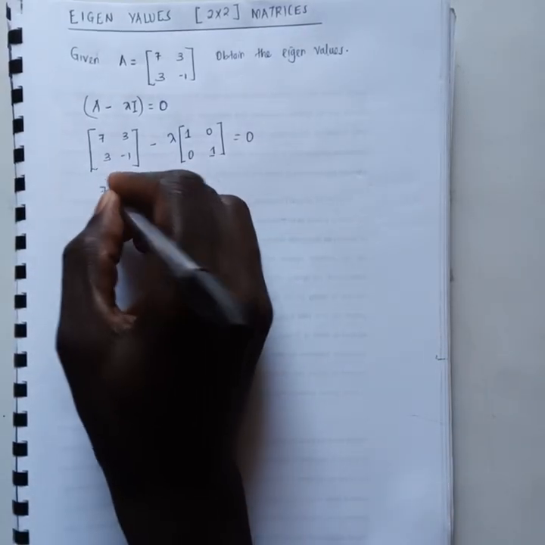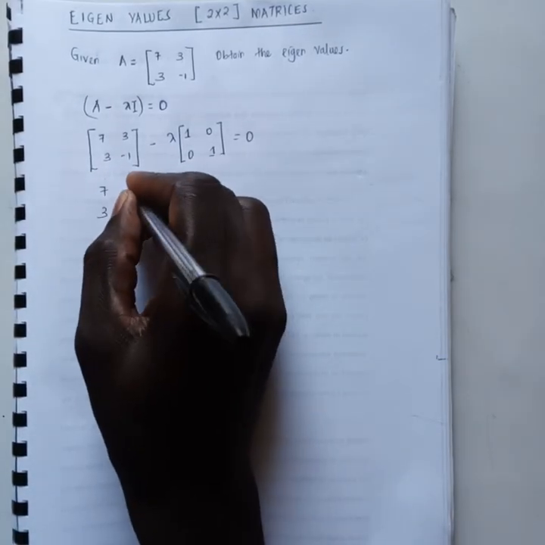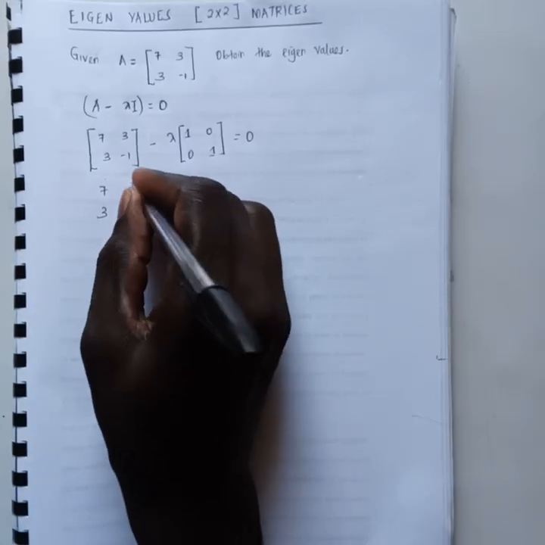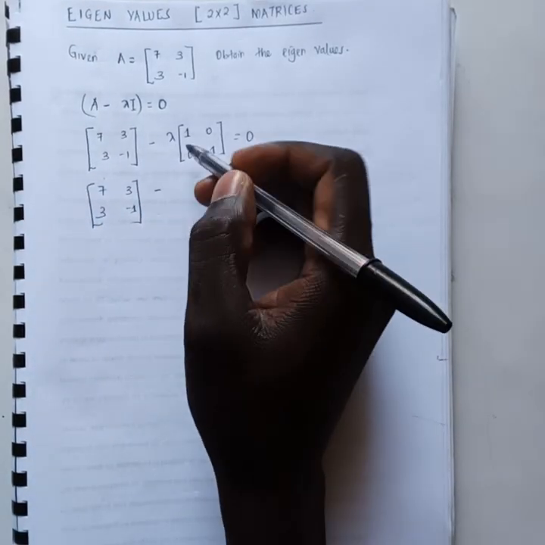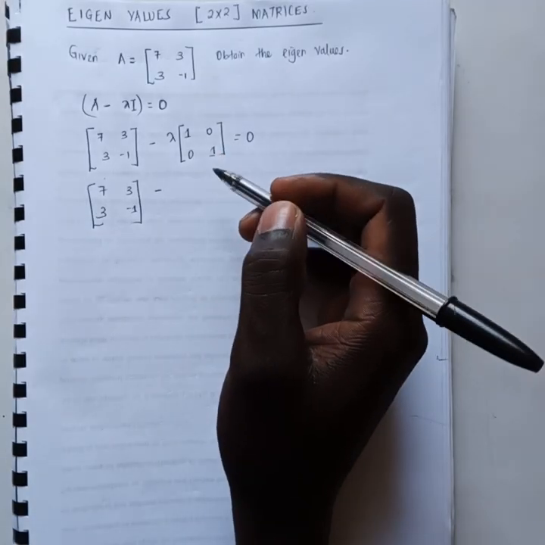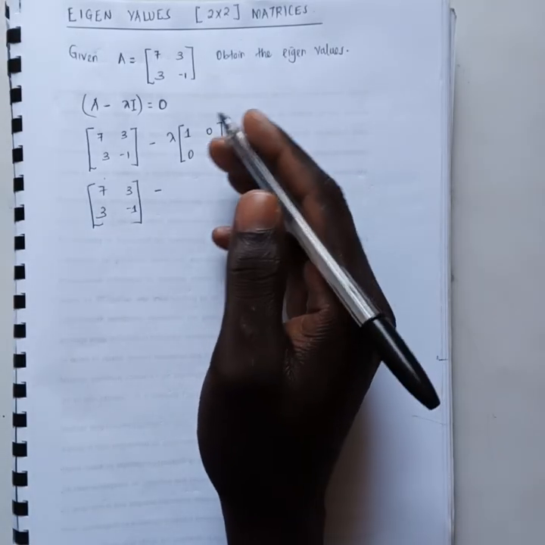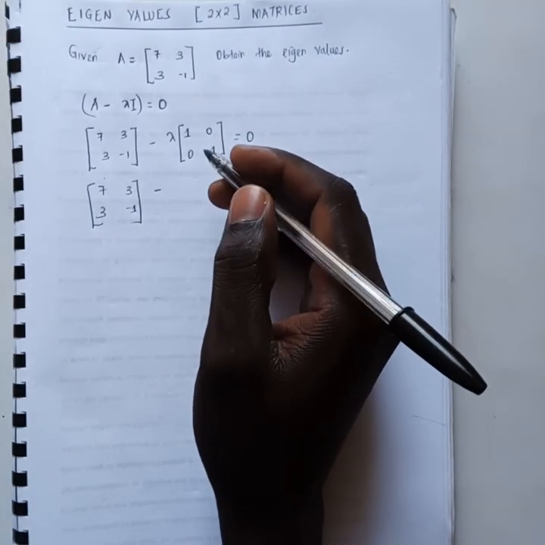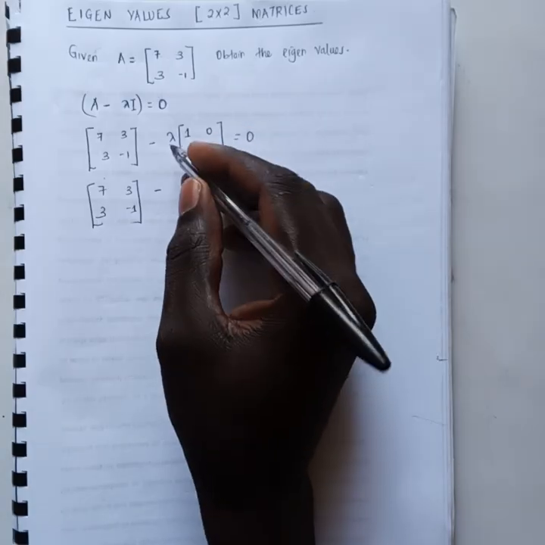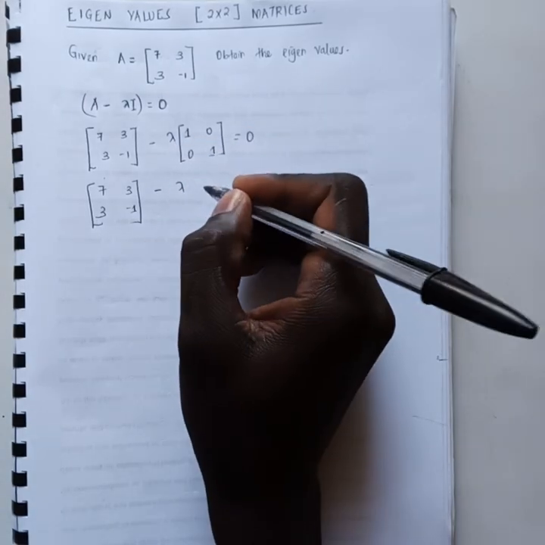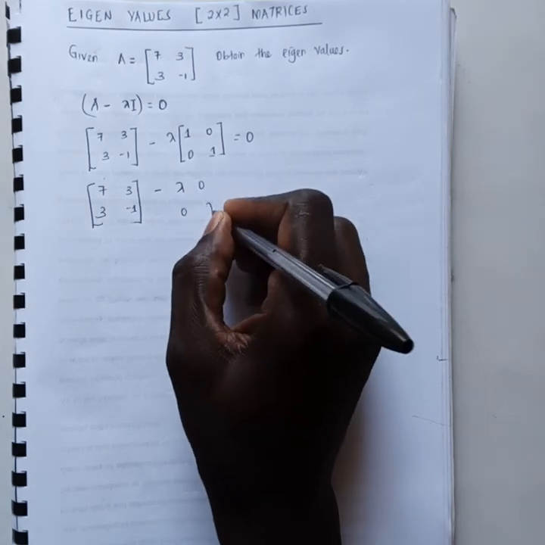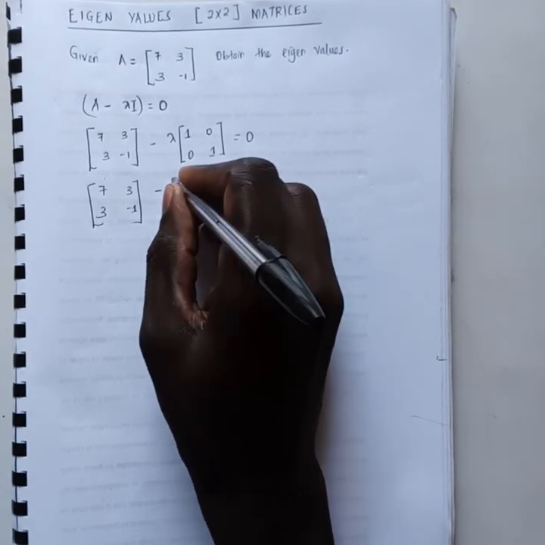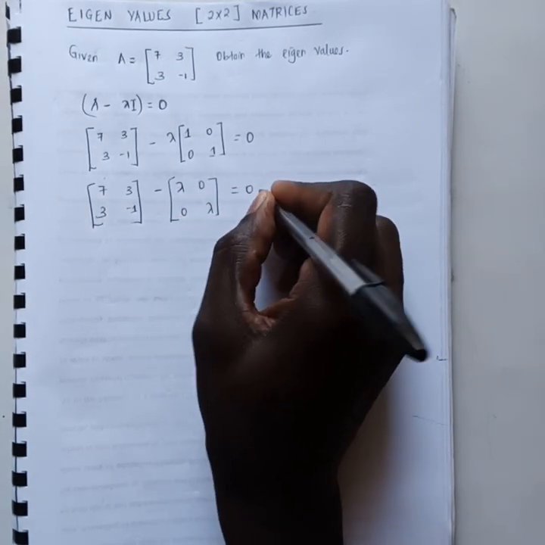We are going to go further. When we multiply a scalar by a matrix, we are going just to affect where we have the whole numbers, because any number multiplied by 0 is a 0. So we'll be having lambda here, 0, 0, lambda, and this one should be giving us a 0.